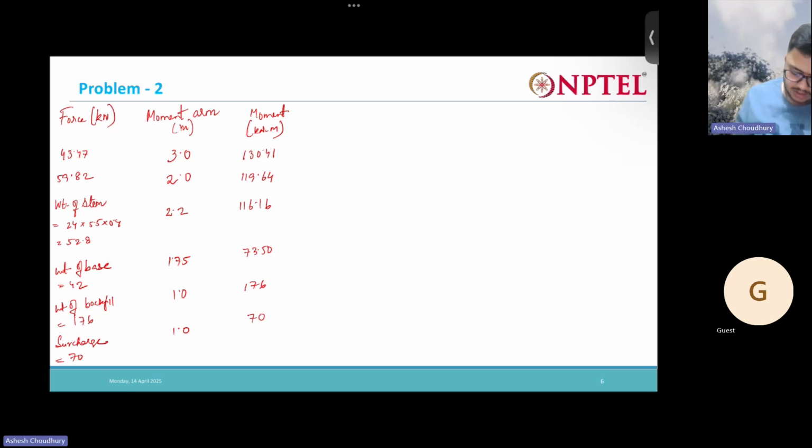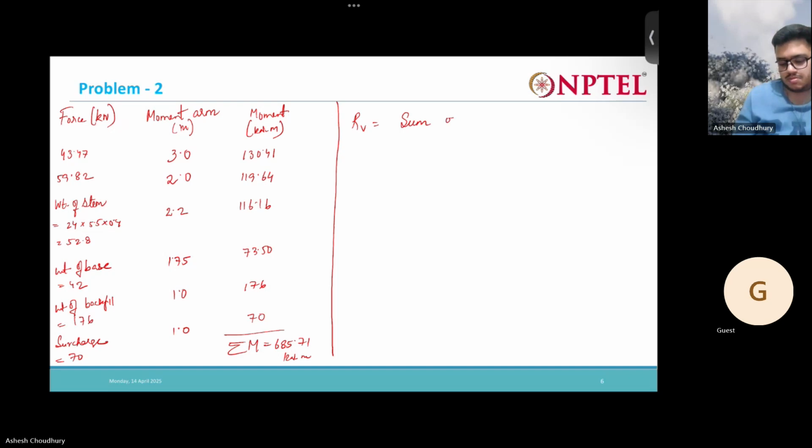So now if I total this, the total moment will come out as 685.71. Check the addition, check this value yourself once. Then we have RV.